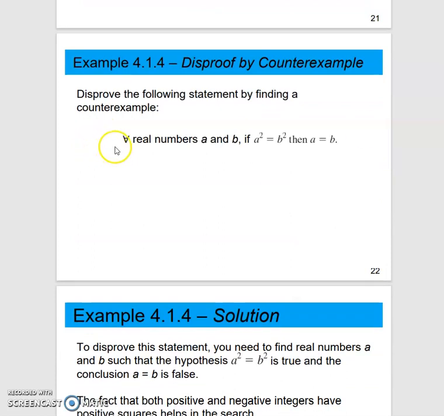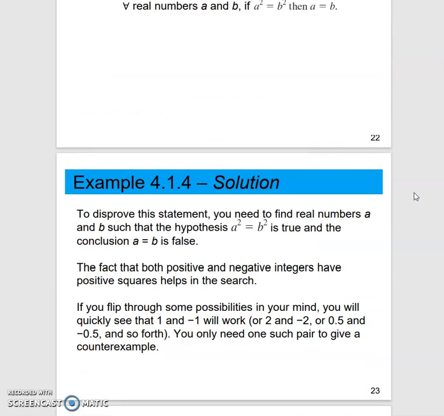Here's my statement. For all real numbers a and b, if a squared equals b squared, then a equals b. So because it's a for all, if I can come up with just one number where that doesn't work, that's all I need. Again, there's a couple things we could pick. I'm going to pick 1 and -1.